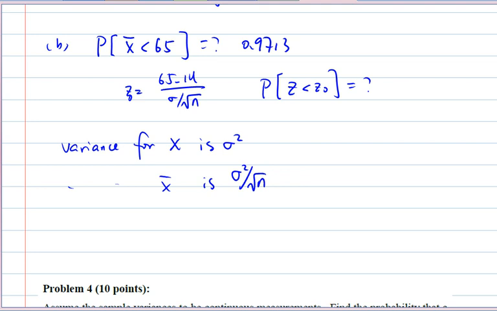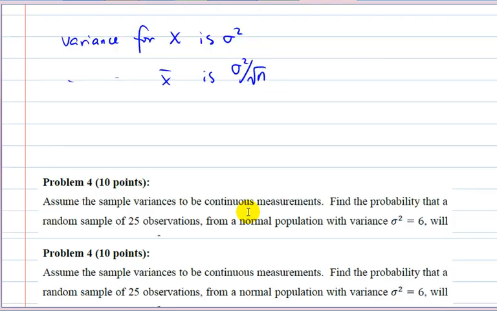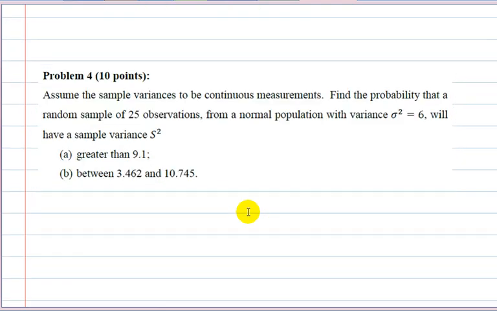So that's the third question, and now the fourth question. Assume the sample variance to be a continuous measurement.